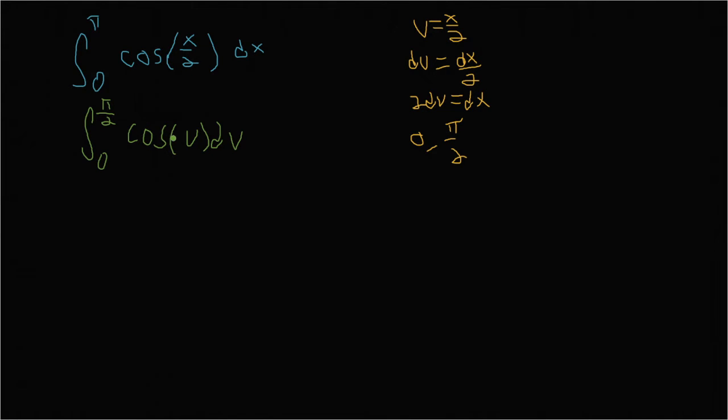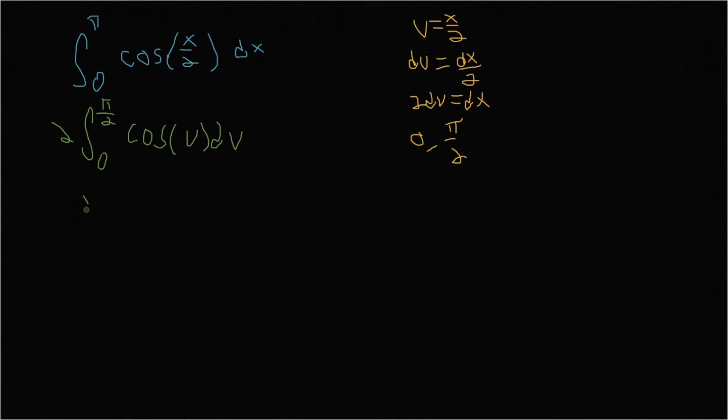What is the integral of cosine? What would give us cosine when we differentiate it? Well, sine. And then we get to remember the 2. When we differentiate sine, we get cosine. So when we integrate cosine, we get sine.